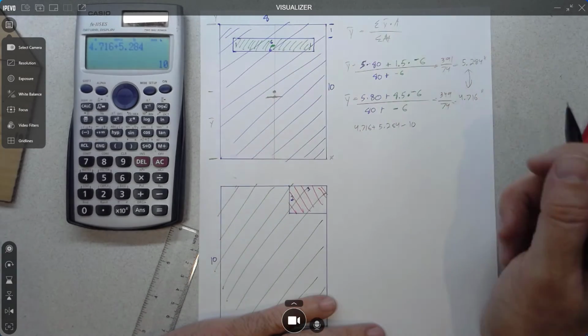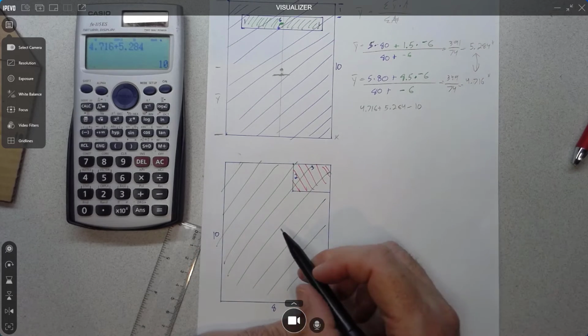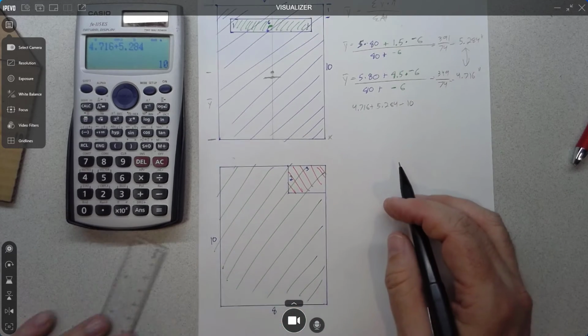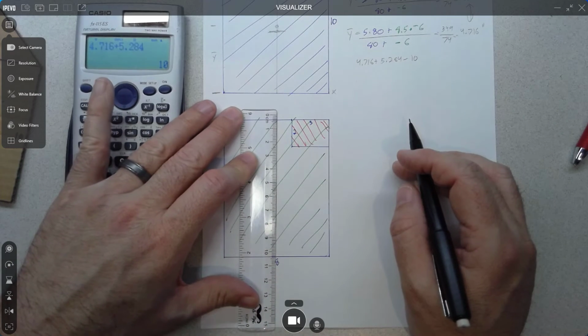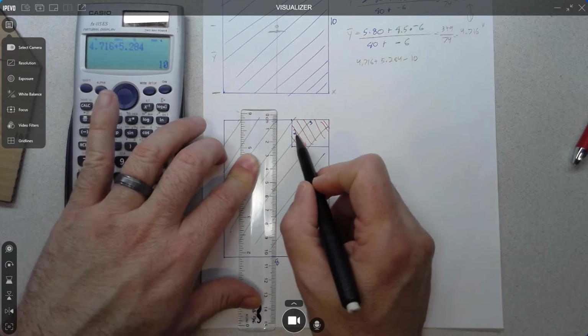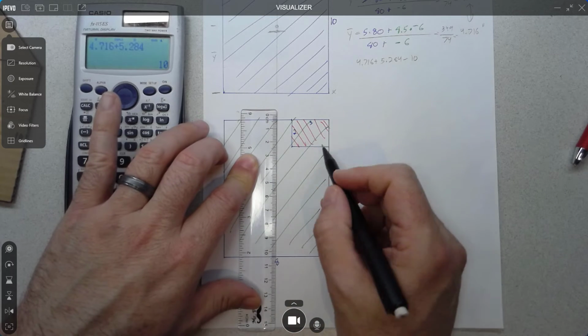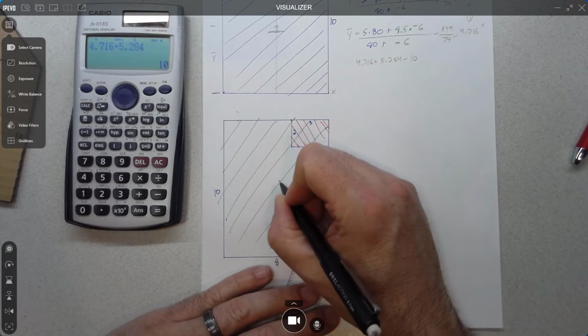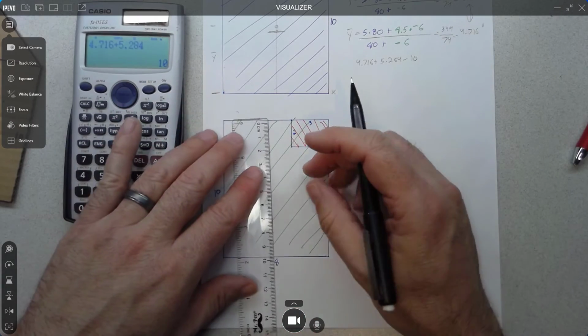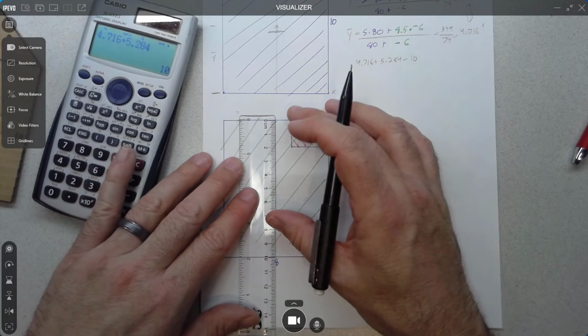The difference is now that we're going to have to find both x bar and y bar, because if we look at it, it's no longer symmetric about this axis, right? Because this isn't centered right there. So now we're going to have to find both x bar and y bar. So what we're going to look for is some composite centroid. And let's mark out where our original centroid before we remove a part would be.